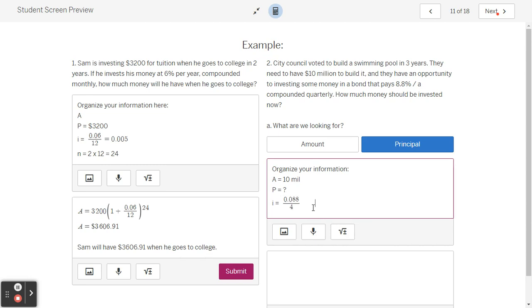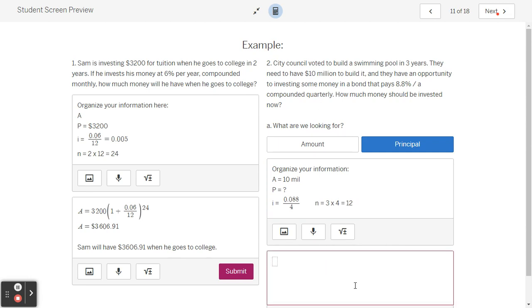And finally, our n is equal to the total number of compounding periods. We know that they're investing for 3 years, and each year they're getting money 4 times. Now we have 3 times 4, and that gives us a total of 12 compounding periods.